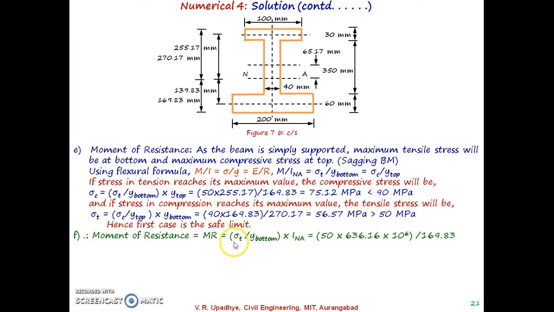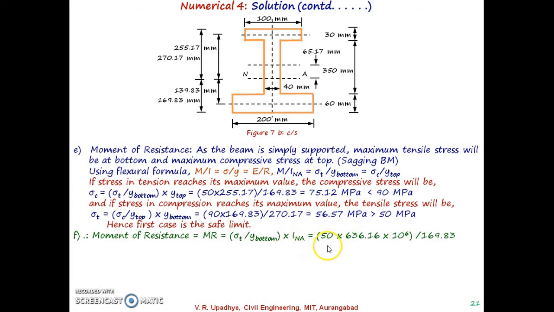So with that, now we are going to use the first two terms of that equation. M by I is equal to sigma T divided by Y bottom. So we can rewrite it for the maximum bending moment carrying capacity, that is moment of resistance, is equal to sigma T divided by Y bottom into moment of inertia about neutral axis.